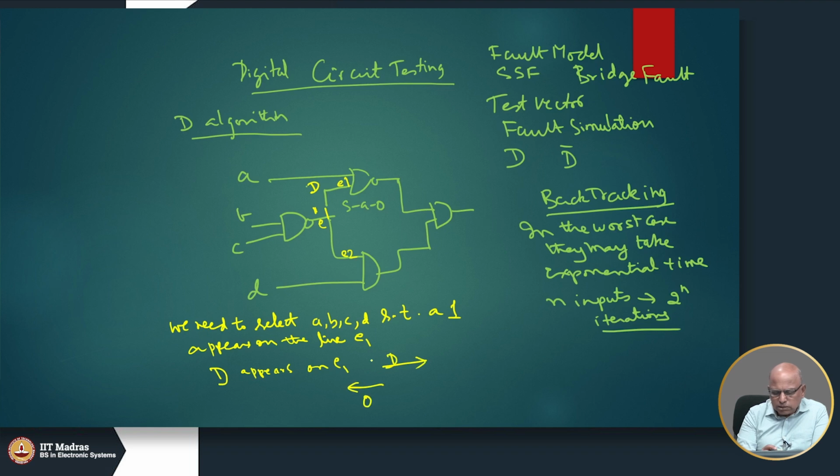What is backward propagation? What we mean is we have to work backwards and see how to put a 1 on E. When we work backwards, we may be able to say, why don't you try 0 and x on this? That will work. Or we can try x and 0, both of these will work.